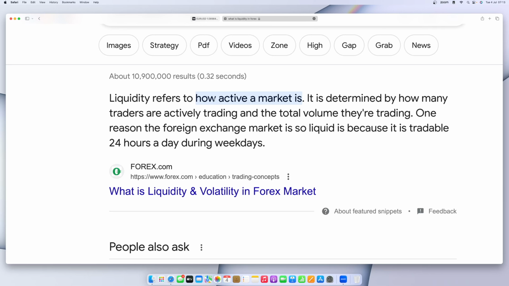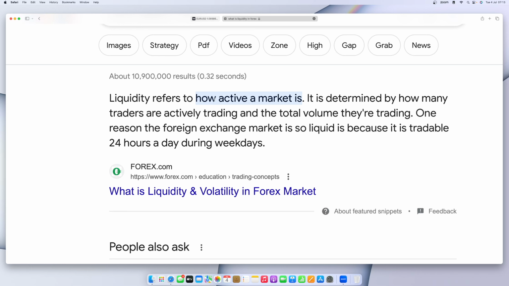One reason the foreign exchange market is so liquid is because it is tradable 24 hours a day during weekdays. So every single day, Monday to Friday, the market is open, even in the night. And people are trading every single hour, every single minute. A lot of people are trading, so it is very liquid.